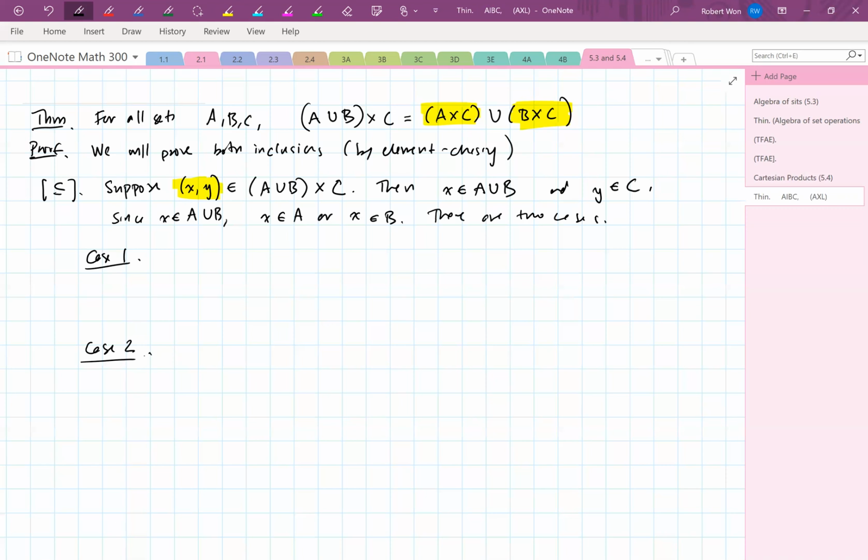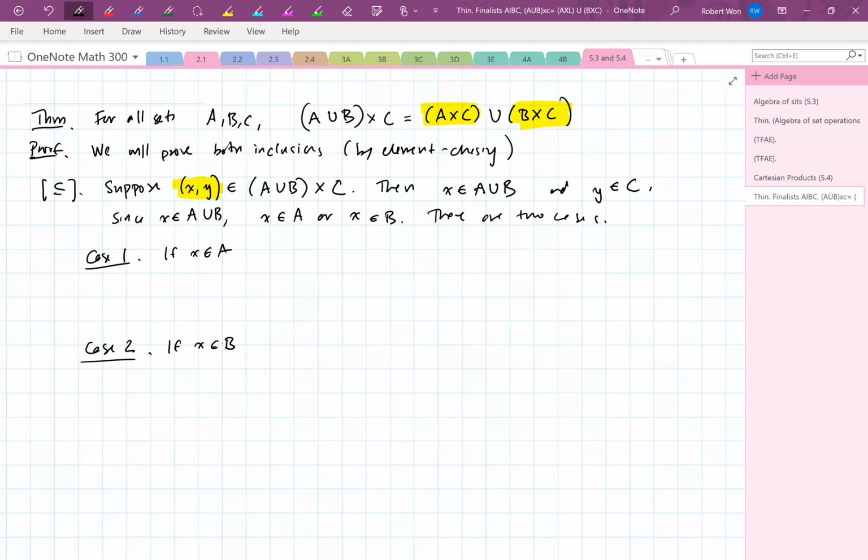So I would say that your first gut instinct would be to let the cases be x is in A and x is in B. It's also my first gut reaction. But I think there's a better choice of cases here. Because if you were coming at this proof blind and you looked at it and said, okay, case one, x in A, case two, x in B, your next question would be, why is that all the cases?